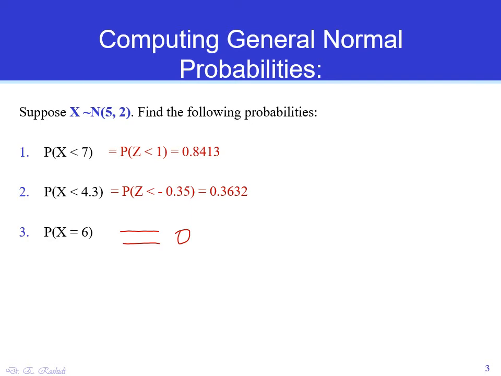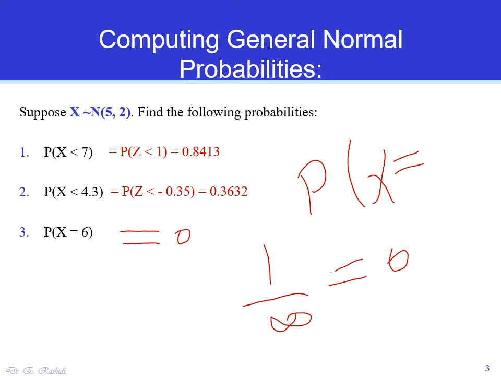It would be 1 over the number of students in the class, which will be 1 over infinity, and 1 over infinity would be 0. There will be 0 chance. So for a random variable that is continuous, no matter if it's a normal distribution or any other distribution that we're going to learn in the future, the probability that x takes exactly one value would be 0.